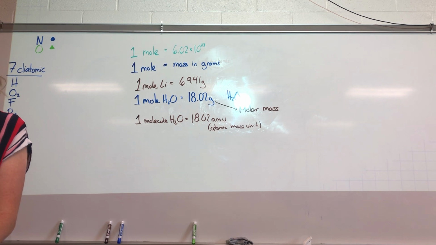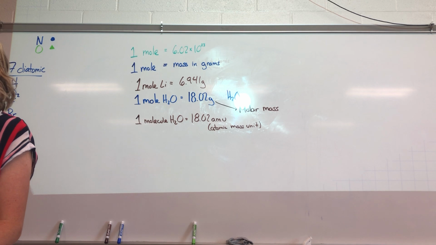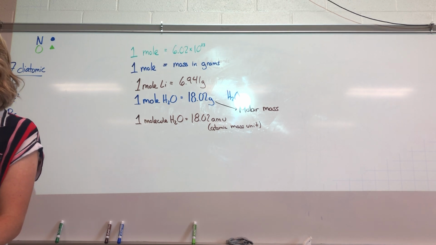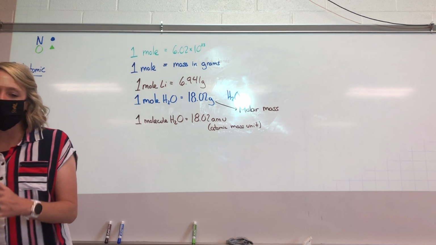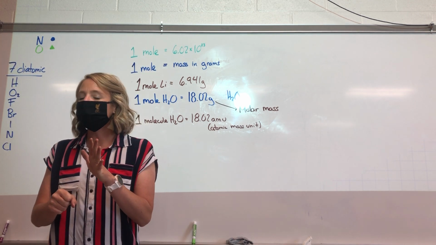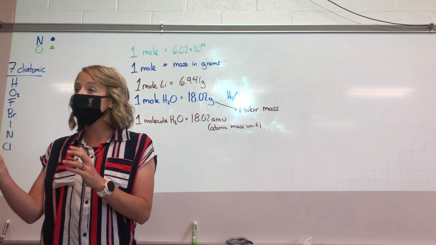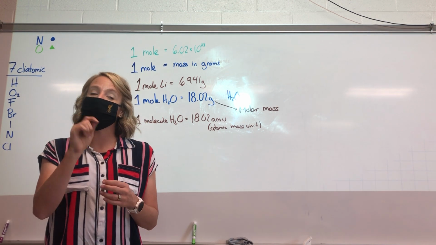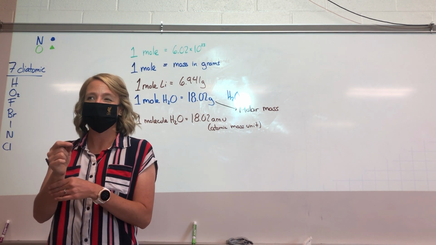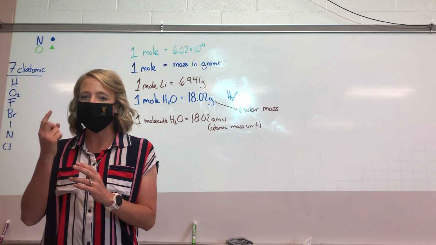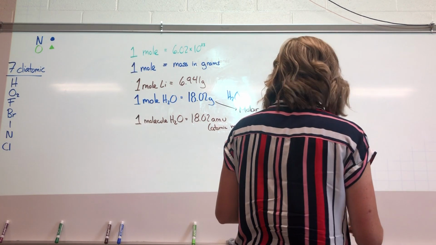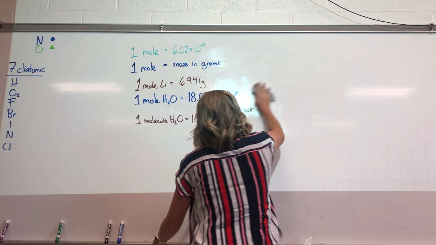But I trust in it so much that I need you to do it in the beginning until I know that you are capable of not showing me as much work. Does that make sense? Also, showing your work on the AP test for the non-multiple choice section can be very valuable in maximizing your points. So it's a good habit we want to keep up, okay? All right, let me erase this.